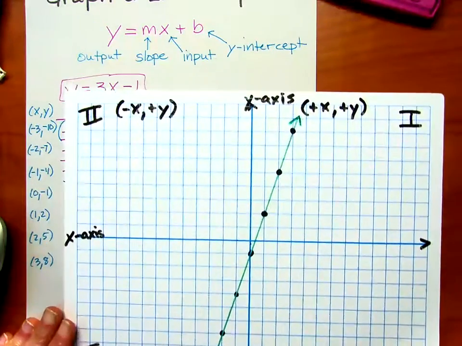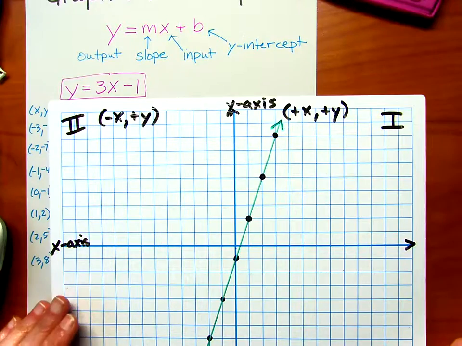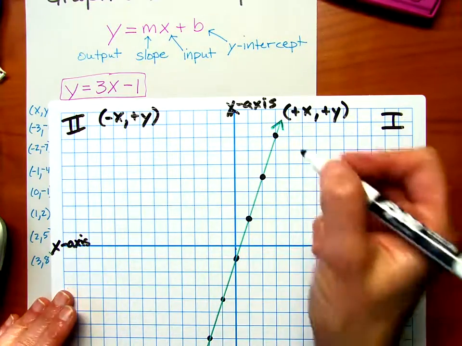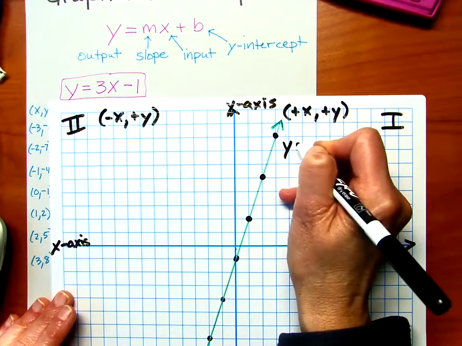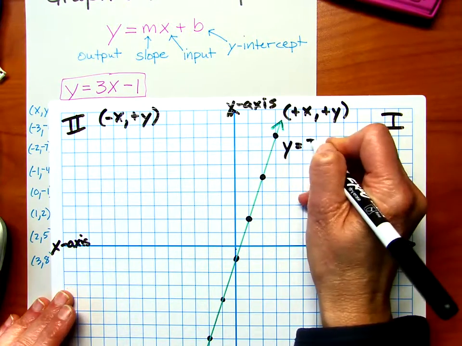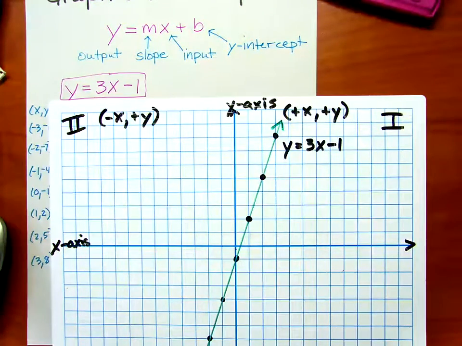And to finish off, after you graph your coordinates, you go ahead and write down your equation for that line, or for that graph. So y = 3x - 1, and that's what you would do right there.